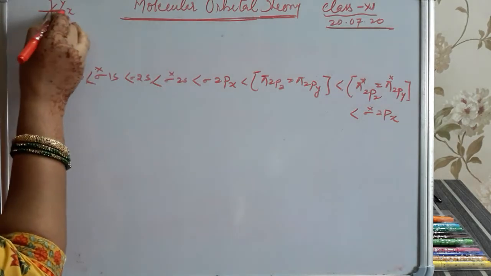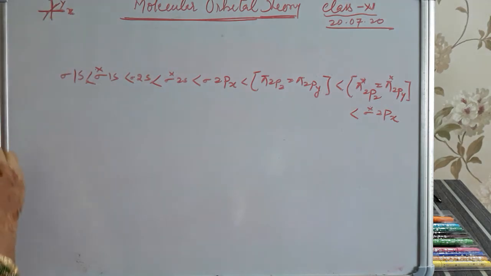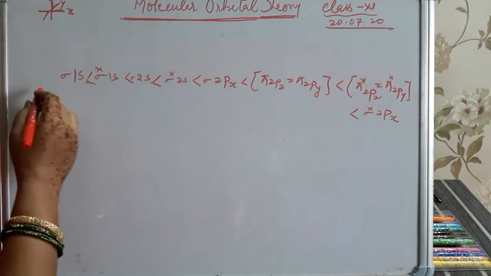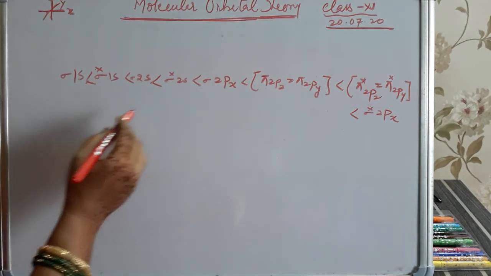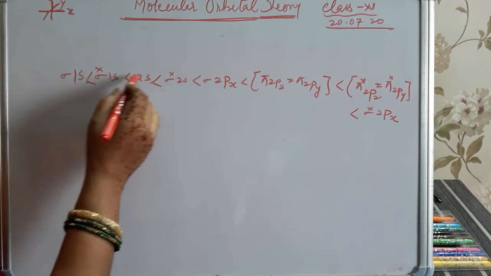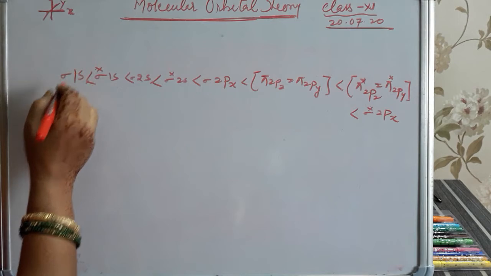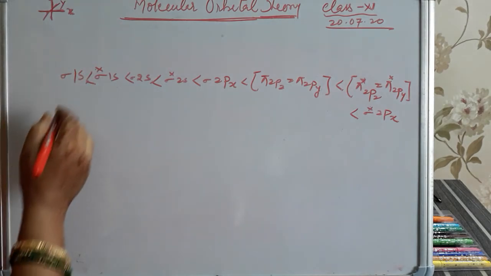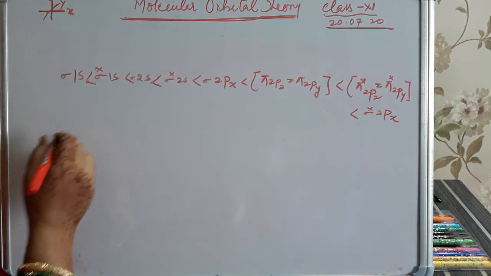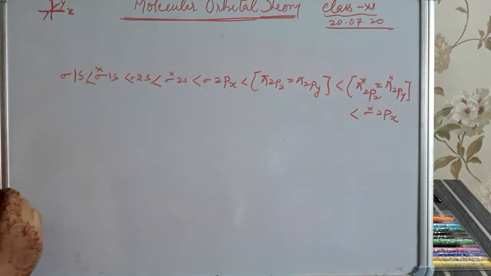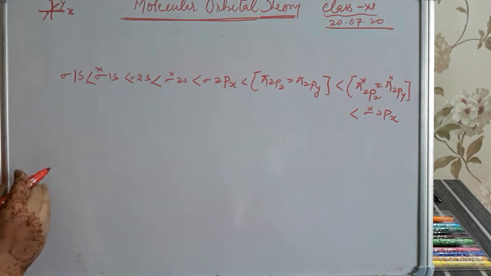So we take x axis, then y, then z. In this way, all molecular orbitals are written in increasing energy order. So 1, 2, 3, 4, 5, 6, 7, 8, 9 and 10, and each orbital has maximum capacity to accommodate only 2 electrons.